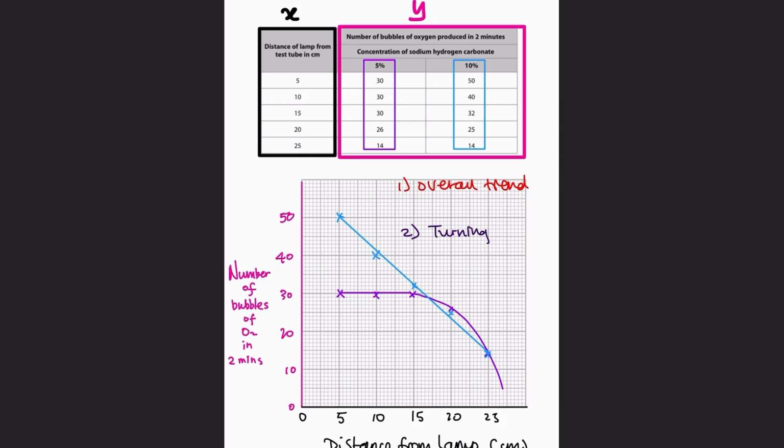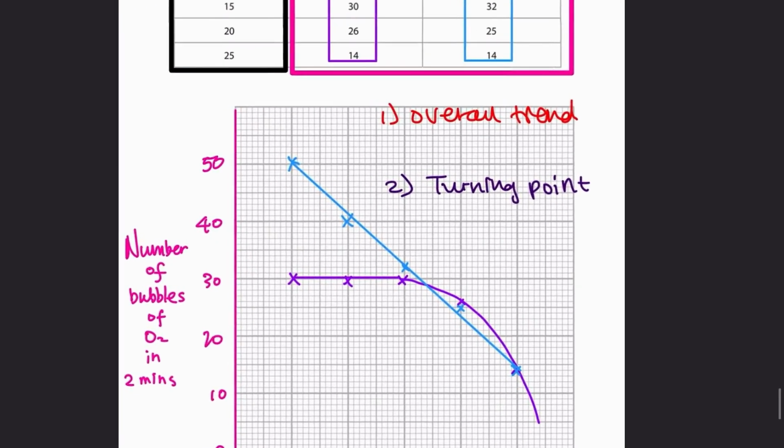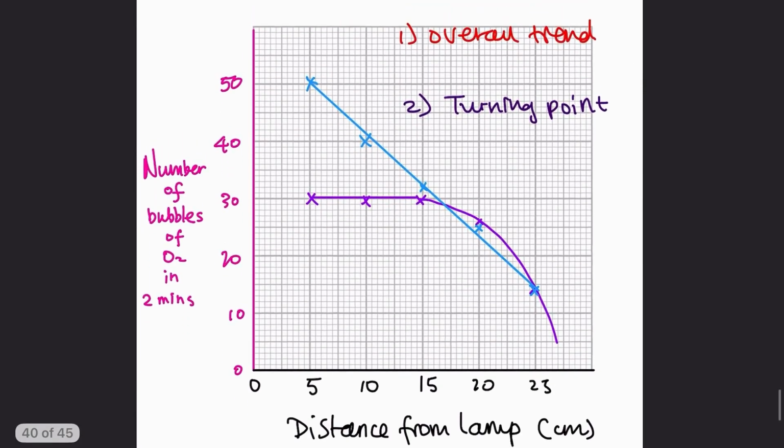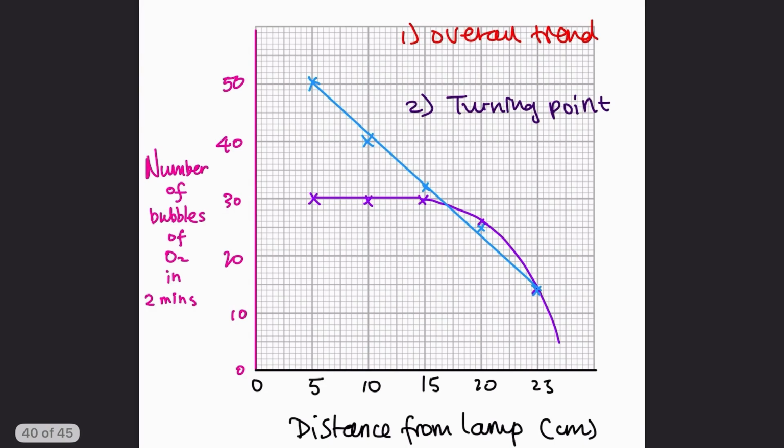So overall trend, just looking at this graph is, let's zoom in a little bit, okay? So overall trend, looking at this graph is, as the distance of the lamp increases, means farther away from the test tube, overall, it's a negative trend. It's a negative trend. So I would put that down.